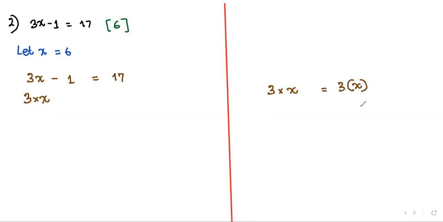When I write 3 into x, you have to know that I'm actually meaning 3 times x. These ones that we read as into, we call them brackets in English.